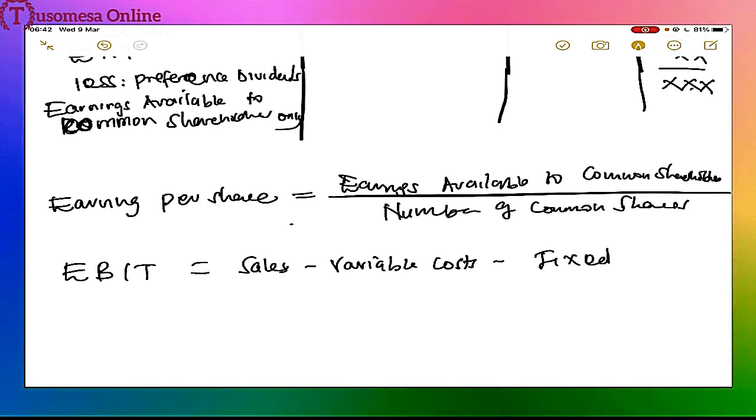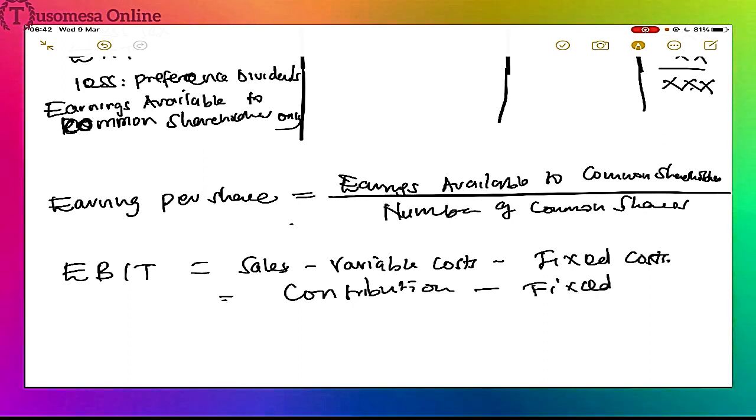You can either write it like that, or you can write it as contribution minus fixed costs. So those are the two most important formulas that we need to know.